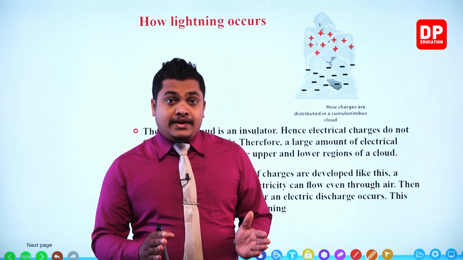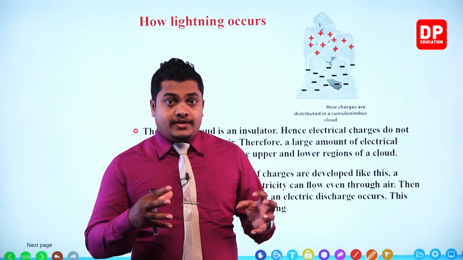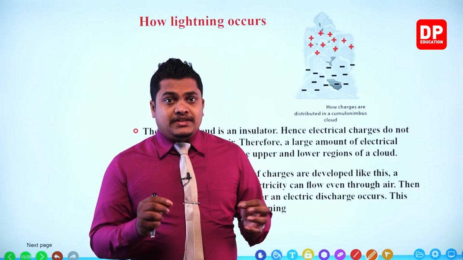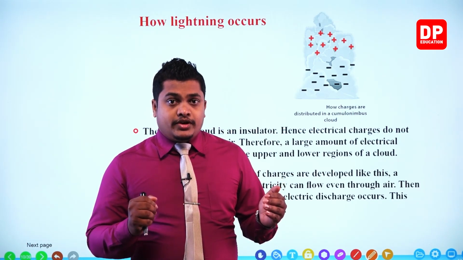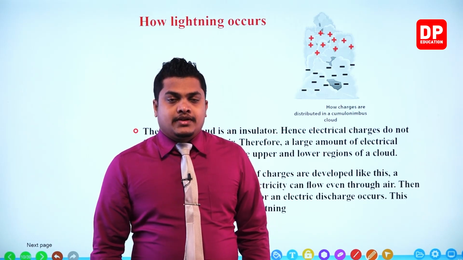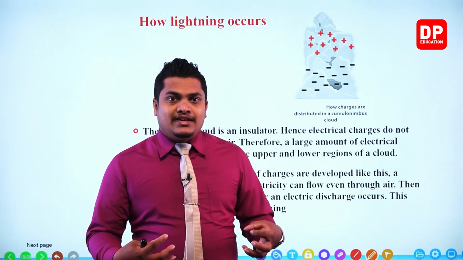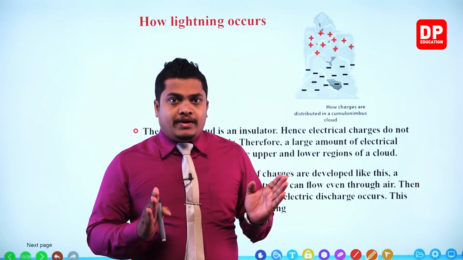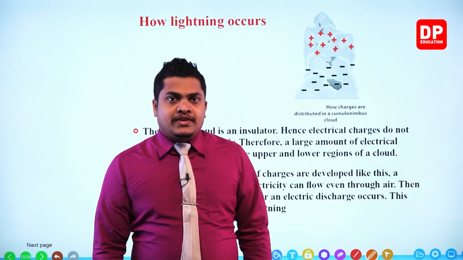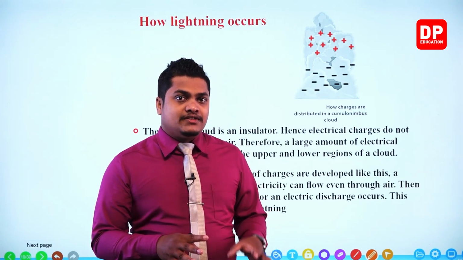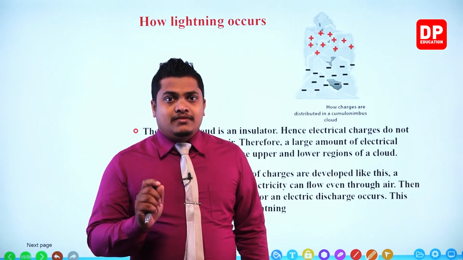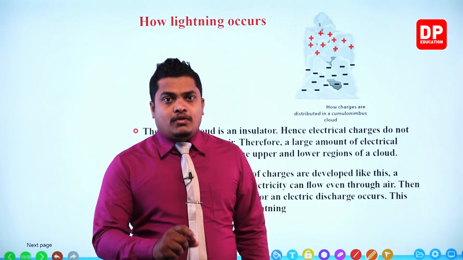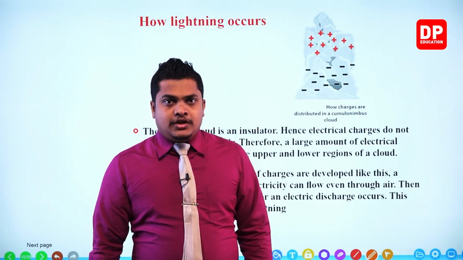The other thing, my dear children, is that these charges are opposite to each other. Because of the opposite charges, they show a huge attraction. When the charge count increases from time to time, the potential difference between the top and bottom areas also increases. While the potential difference increases, static electrical charges gain an ability to move even through insulating air.